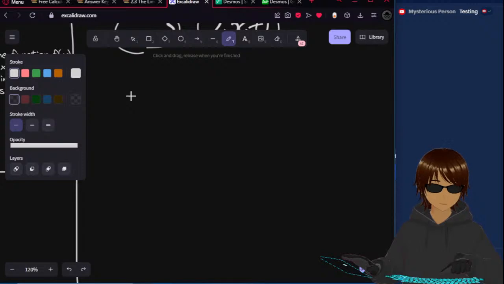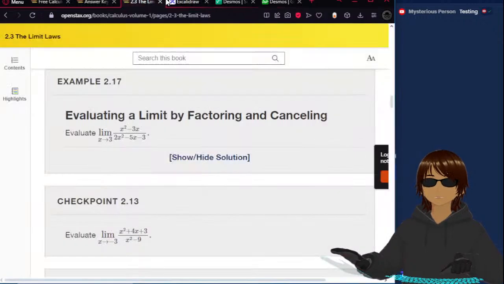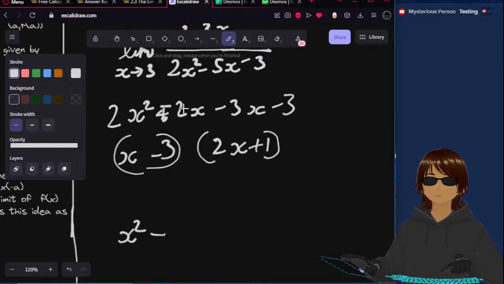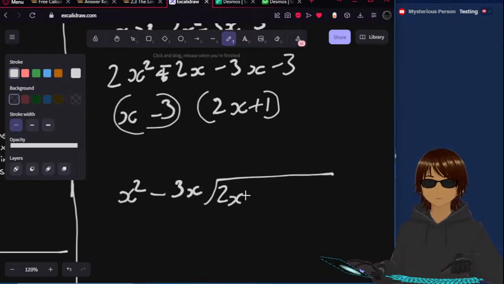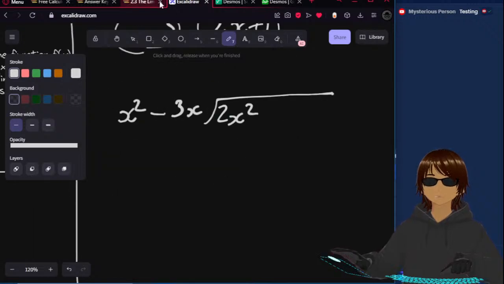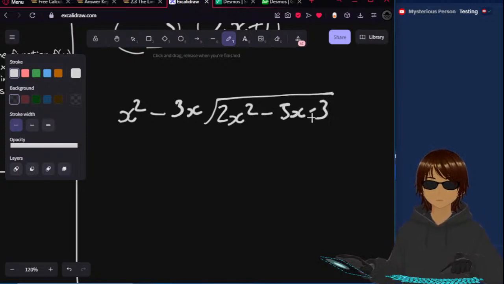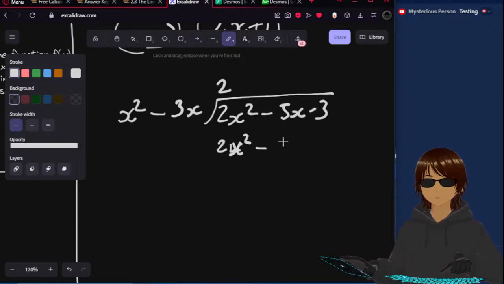Let me try another way. x squared minus 3x, minus 5x minus 3. I don't know why this is not working.